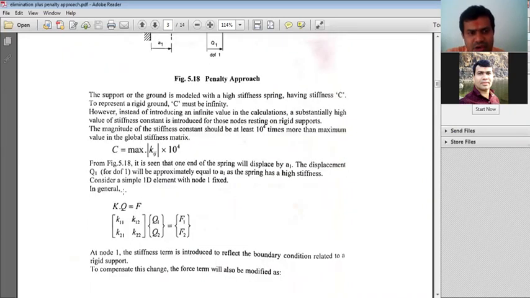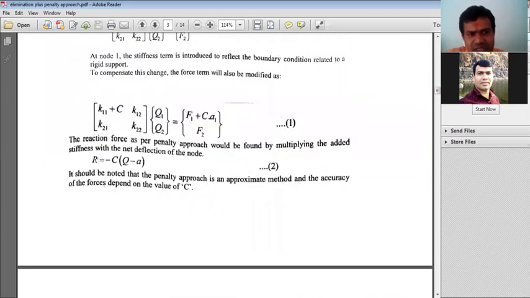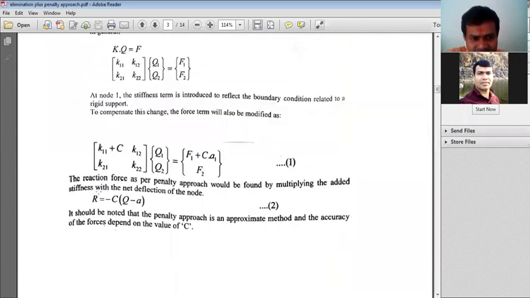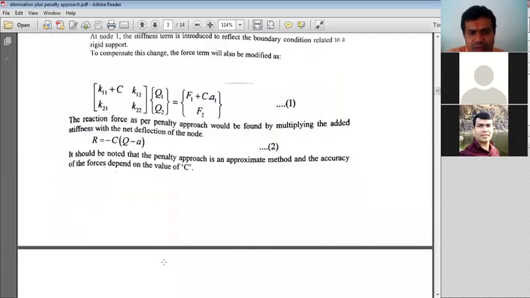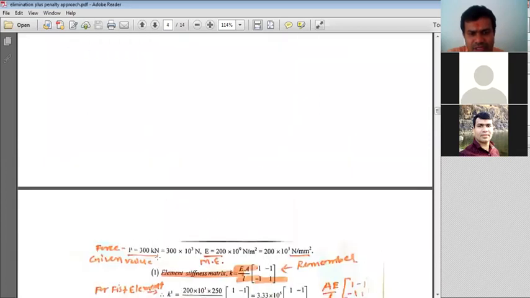Two major things you have to keep in mind: C, the maximum stiffness value, is one change, and the reaction equation. And where you have to put this plus C: in what location you have to add plus C. If a fixed node condition is given, diagonally you have to put the plus C value.